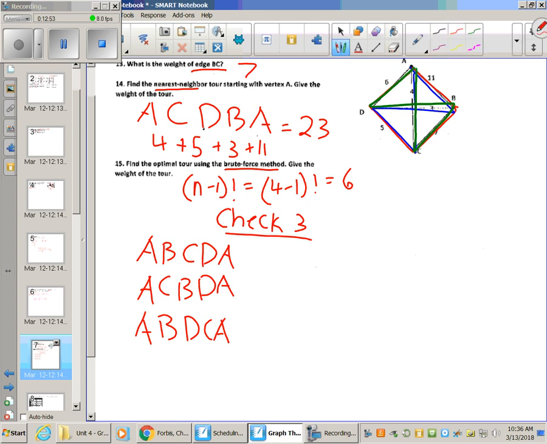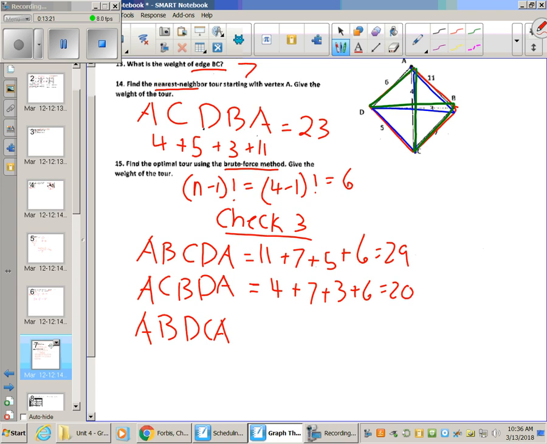Okay, so we've got to figure out which one's the cheapest to get our answer. So we give their weights. Here it's edge AB, which is 11, plus BC is 7, plus CD is 5, plus DA is 6, for a total of 29. ACBDA, well, that's just going to be 4 plus 7 plus 3 plus 6, which is 20.